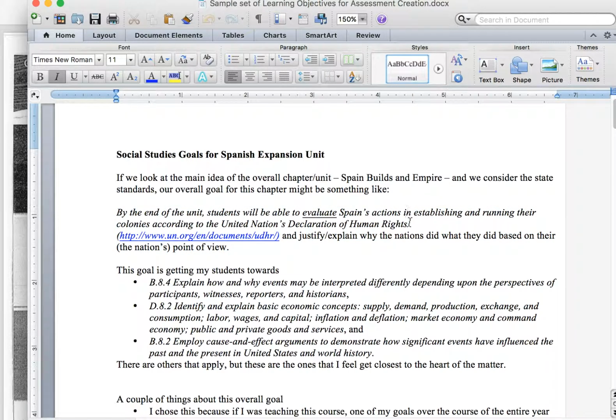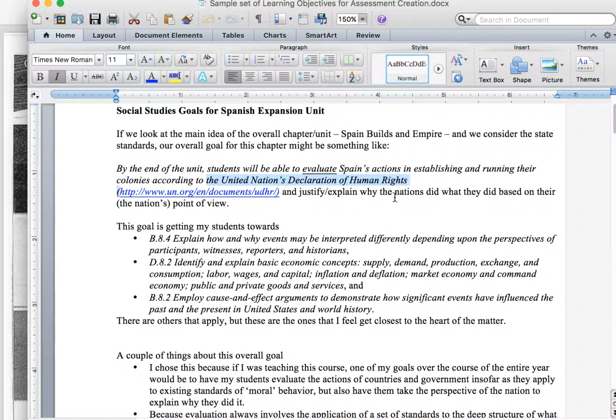Now, I bring this up because if it's an evaluation task, I need to give them an evaluative framework to base their judgments on. I can't just say, well, what do you think and how do you feel about it? Because that doesn't really tell me whether or not they can actually judge with any kind of expertise the quality of the events that happen, or the government, the society that's being established, in this case in New Spain, and justify, explain why the nations did what they did based on their nation's point of view.